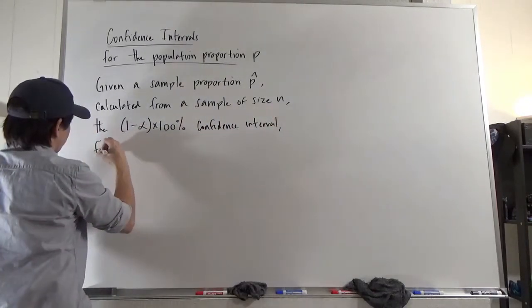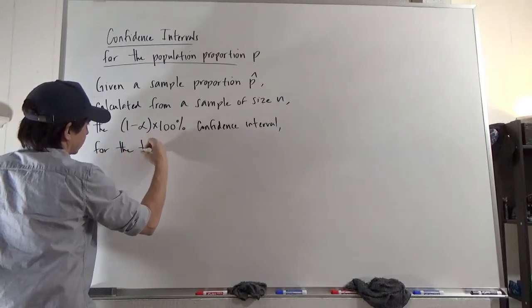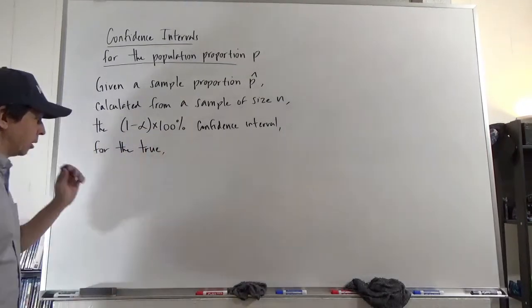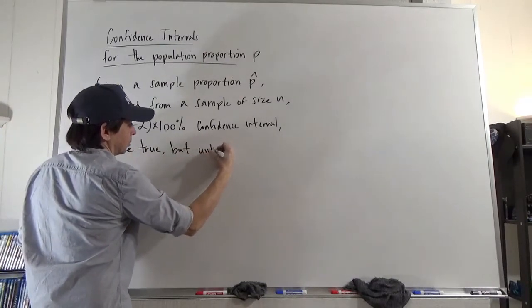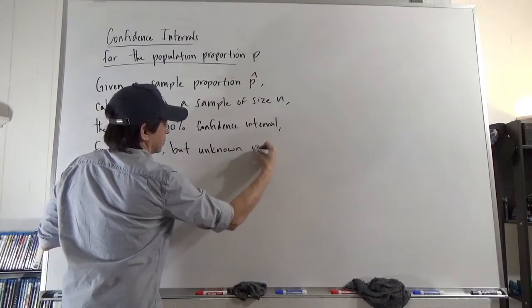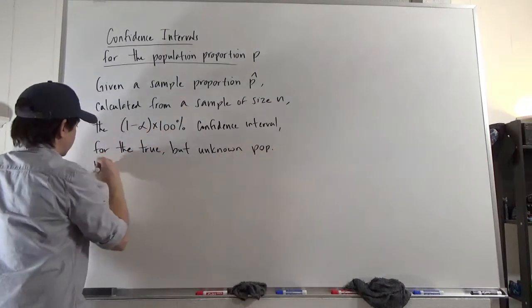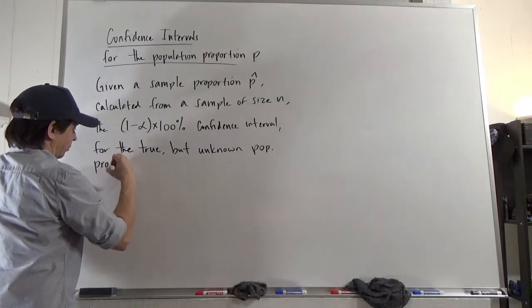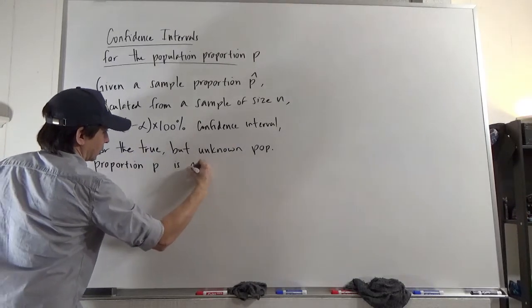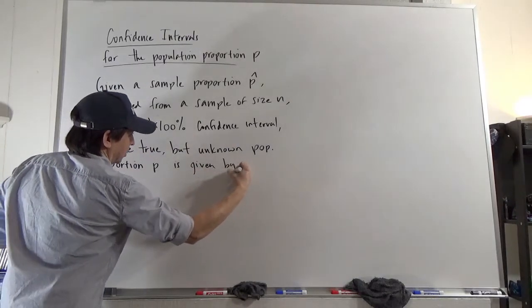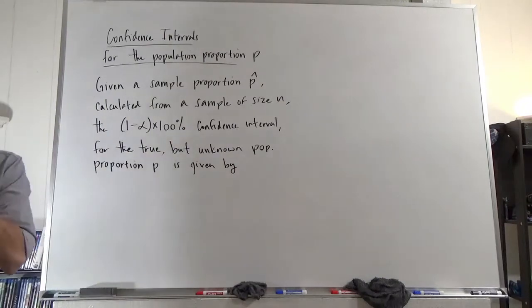For the true but unknown, usually unknown, population proportion P is given by, and here's the formula, it's on your formula sheet.